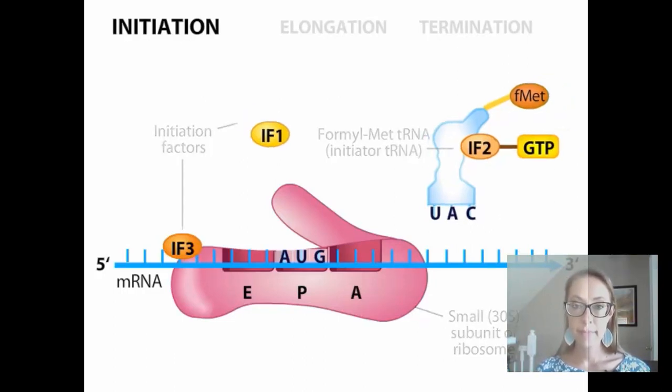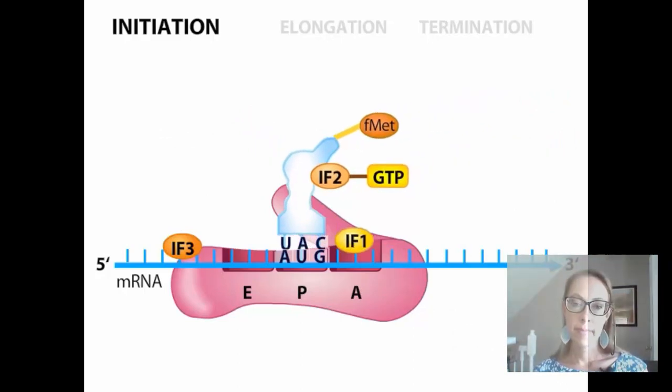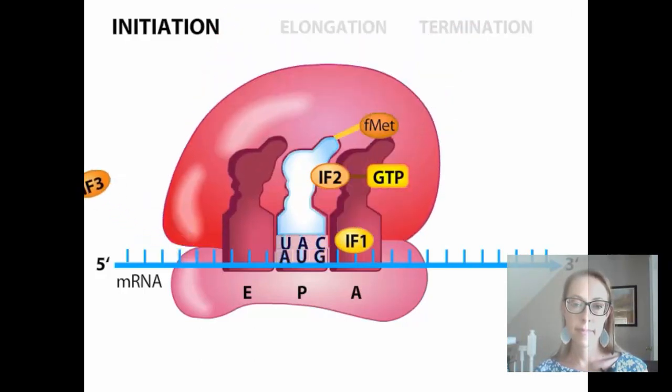The key event of initiation is the association of the mRNA and 30S subunit so that the start codon, AUG, is centered on the ribosomal subunit. The 50S subunit docks to complete the initiation complex. Initiation uses energy by hydrolysis of GTP.